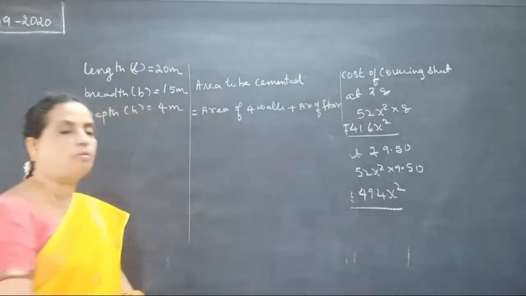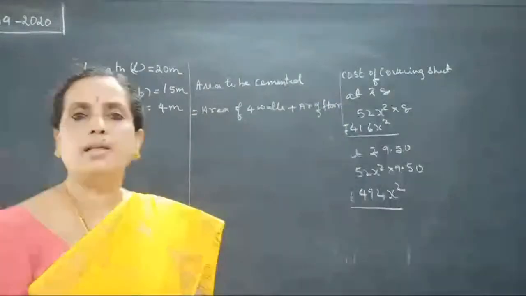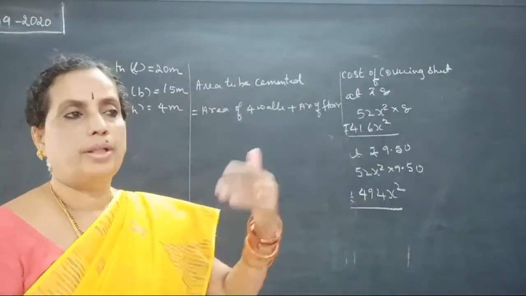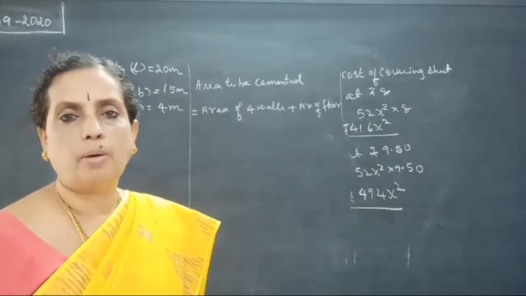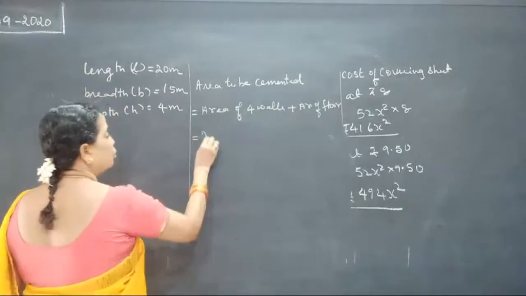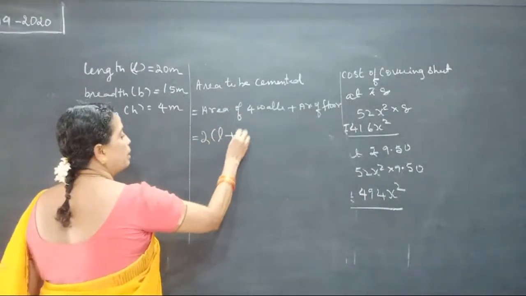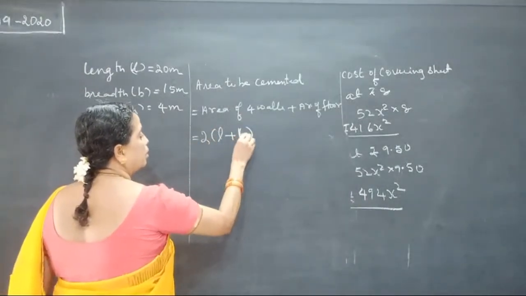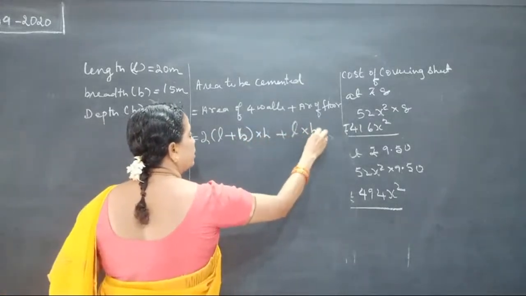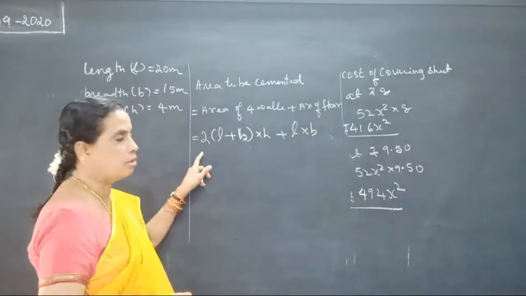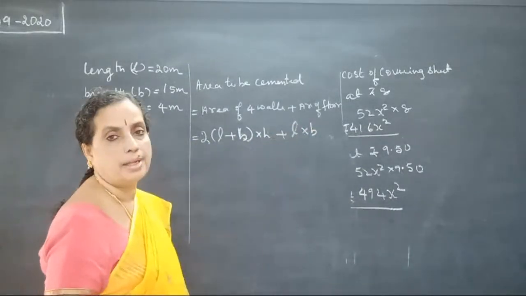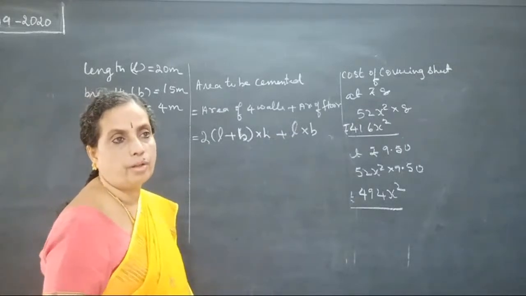Yesterday we did area of 4 walls as well as ceiling. Now it is a swimming pool. There is no top portion. The bottom area we have to consider. That is 2 into (L plus B), perimeter into height, plus L into B. Area of 4 walls means perimeter into height, and L into B is the dimension of the floor.